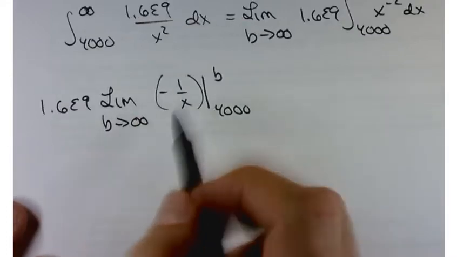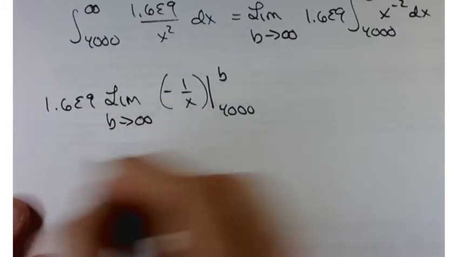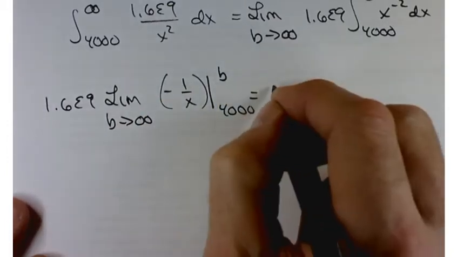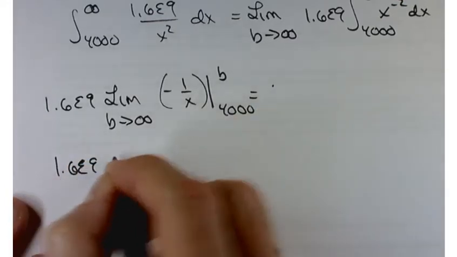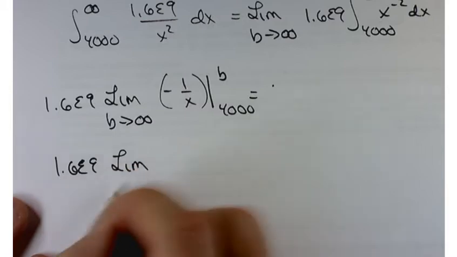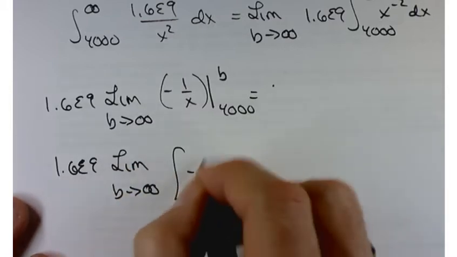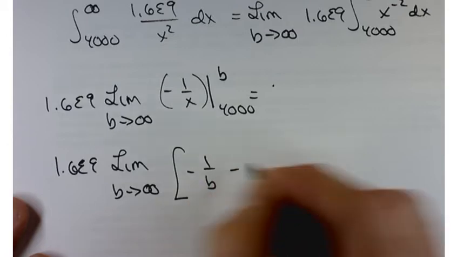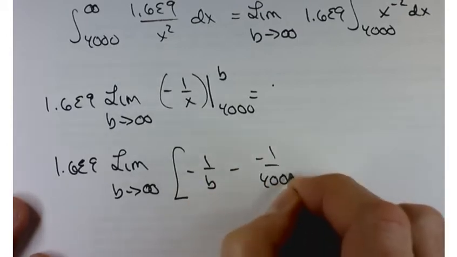Let's plug in our limits and see what we get. 1.6 E9 times the limit as b approaches infinity of negative 1 over b minus negative 1 over 4,000.